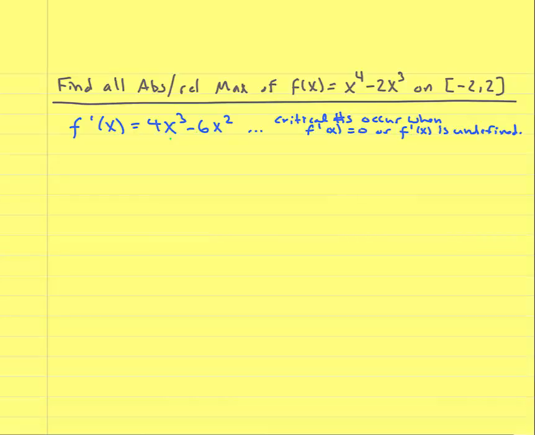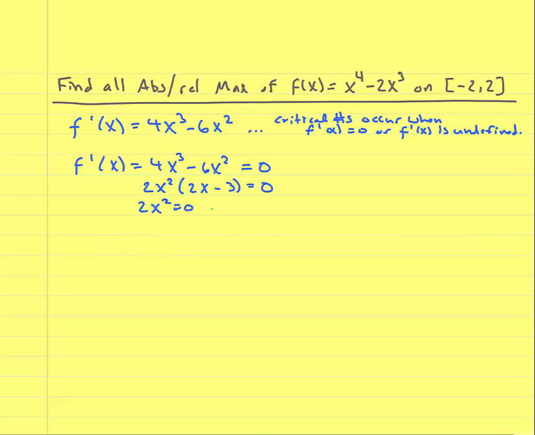Well, there's nowhere this is going to be undefined. I don't have a denominator. I don't have any radicals or square roots that I need to worry about. So the only one I need to worry about is where f prime of x equals 0. So f prime of x is equal to 4x cubed minus 6x squared. I want to know where that's equal to 0. Well, I'm going to use my zero factor property. I'm going to pull out a 2x squared, and I'll be left with 2x minus 3 equals 0.